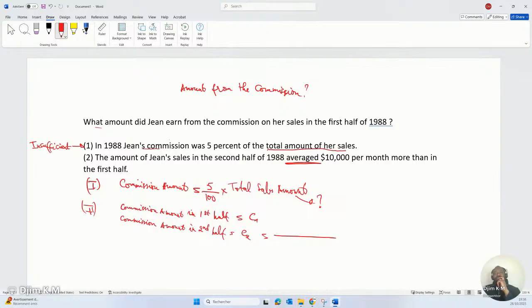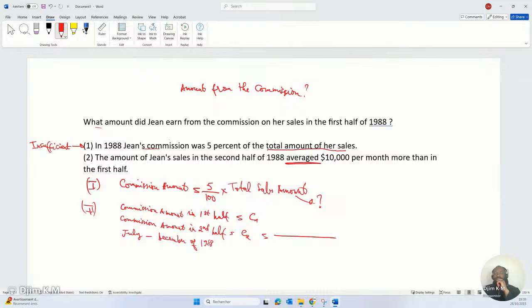So the second half means that it's going from July to December 1988.